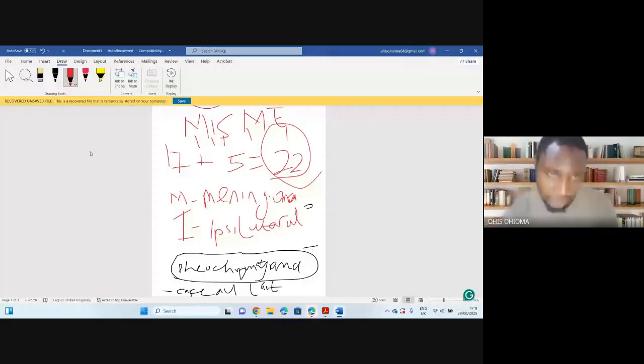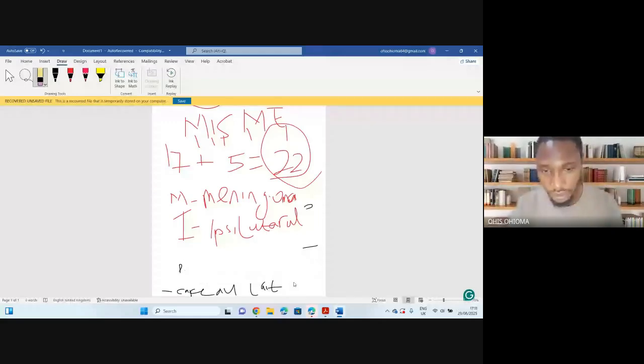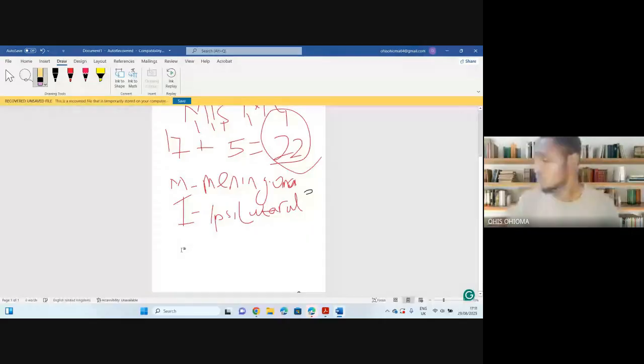That's the mnemonic, right? Ipsilateral meningioma. The S is schwannoma.